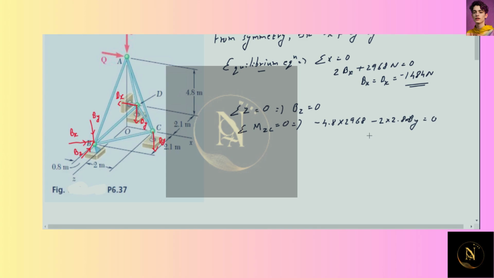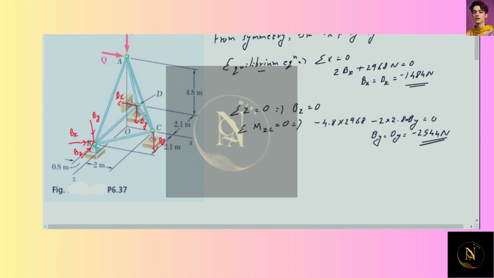So from here you will get the value of by equal to dy equal to minus 2544 Newton.